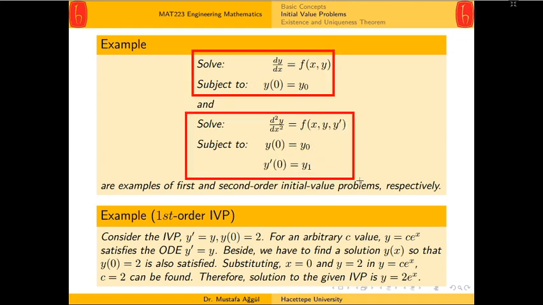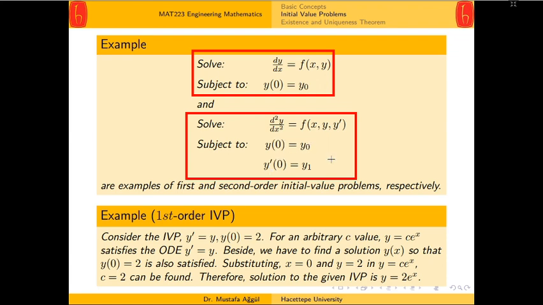And also this one is an initial value problem, and this time we have a second order initial value problem because, as you see, the order of the differential equation is second, and for this particular case we need to have two initial values, and this will be the first one and this will be the second one. Initial value for the function itself and initial value for the derivative of the function.